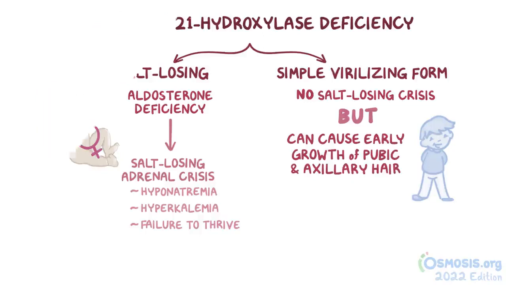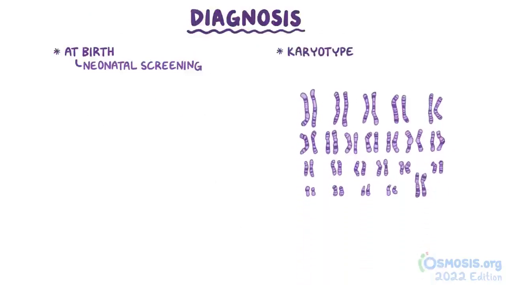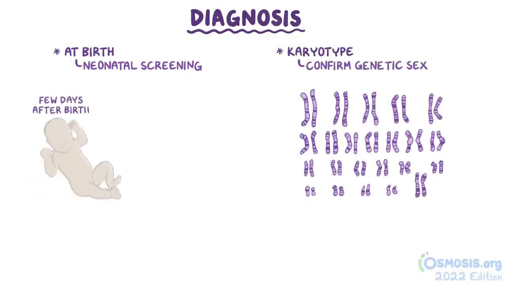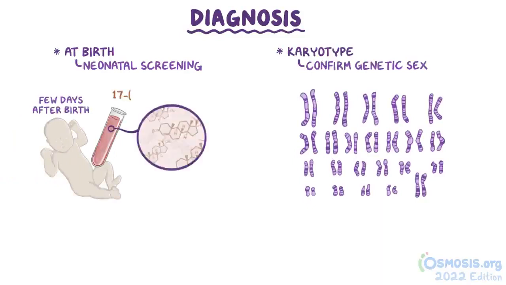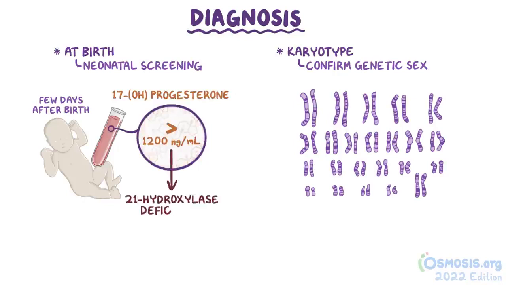Classic 21-hydroxylase deficiency is usually diagnosed at birth through neonatal screening. Additionally, a karyotype should be obtained in neonates with ambiguous external genitalia to confirm genetic sex. The screening test is performed a few days after birth, and a serum concentration of 17-hydroxyprogesterone above 1200 nanograms per milliliter is diagnostic of 21-hydroxylase deficiency.